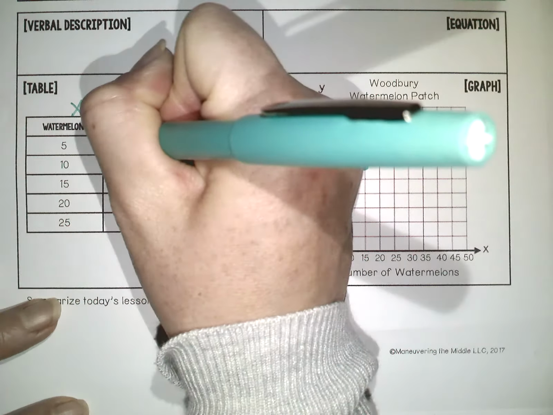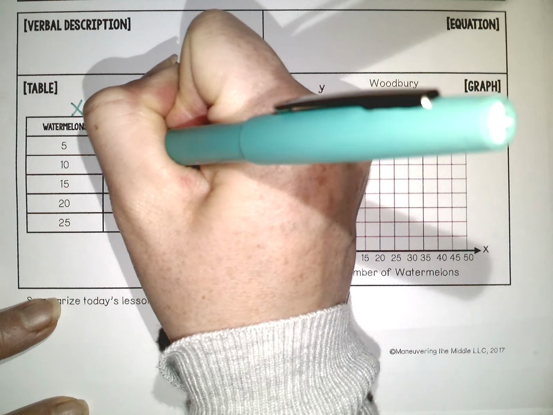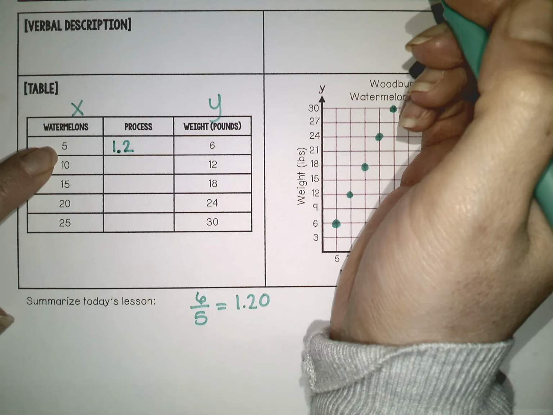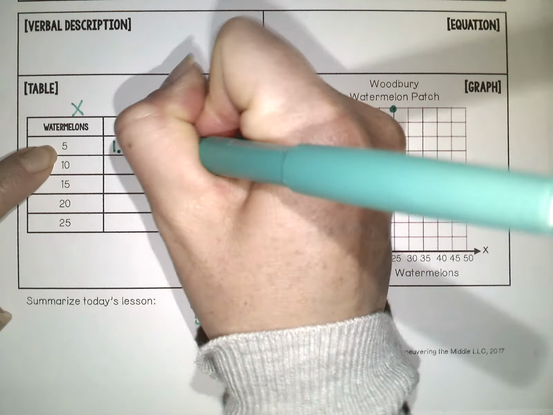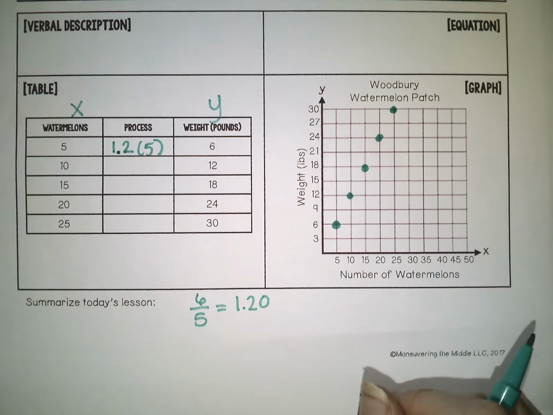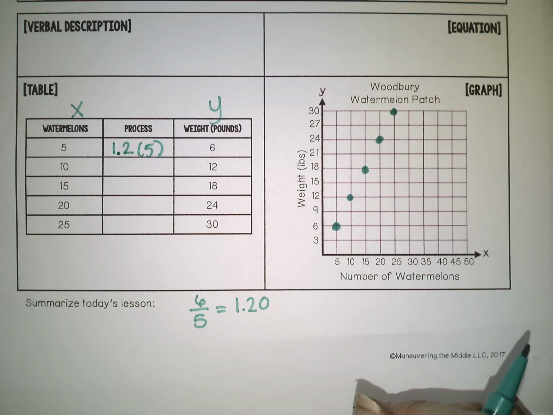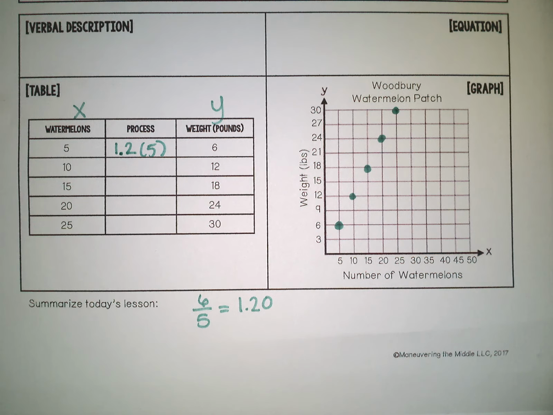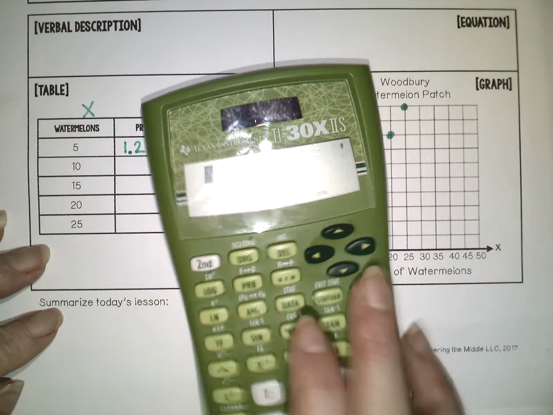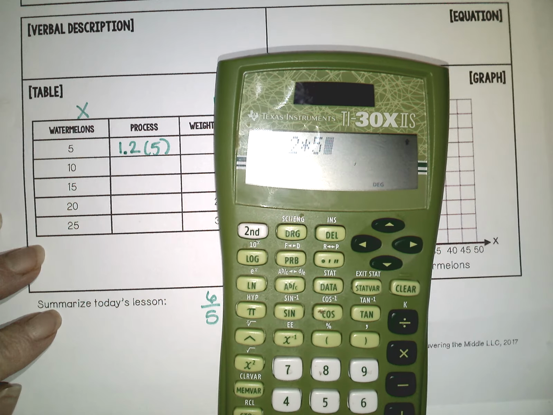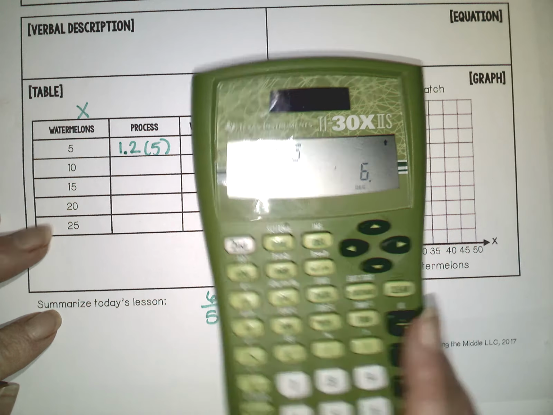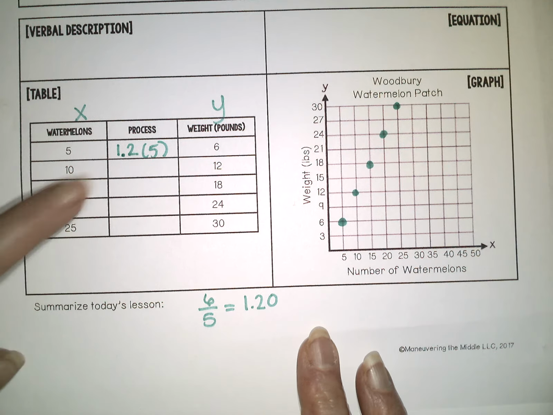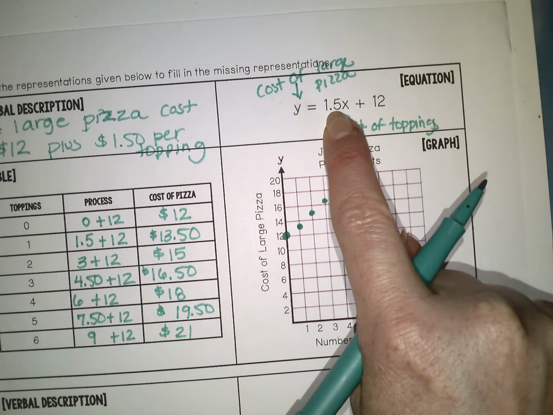Remember, in 7th grade curriculum, we divide Y over X, and that's your unit rate. So it weighs 1.2 pounds per one, and we have 5 here. So to double check that is 1.2 times 5. Let me throw that in the calculator for you. 1.2 times 5 is 6.